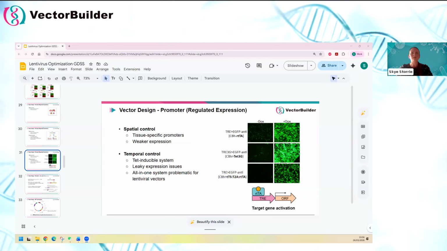Regarding this question, you're absolutely correct that ampicillin is used for E. coli selection, and we do recommend kanamycin instead of ampicillin to maintain the E. coli stocks. Either ampicillin or kanamycin is part of the backbone components.